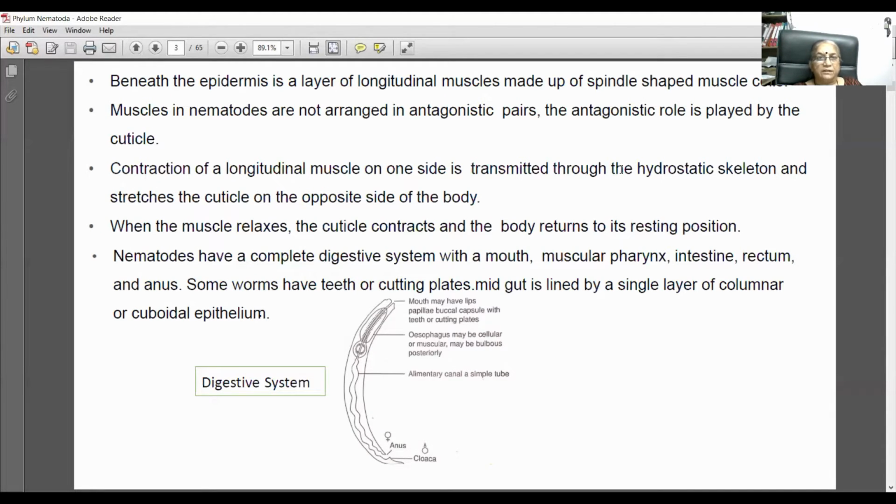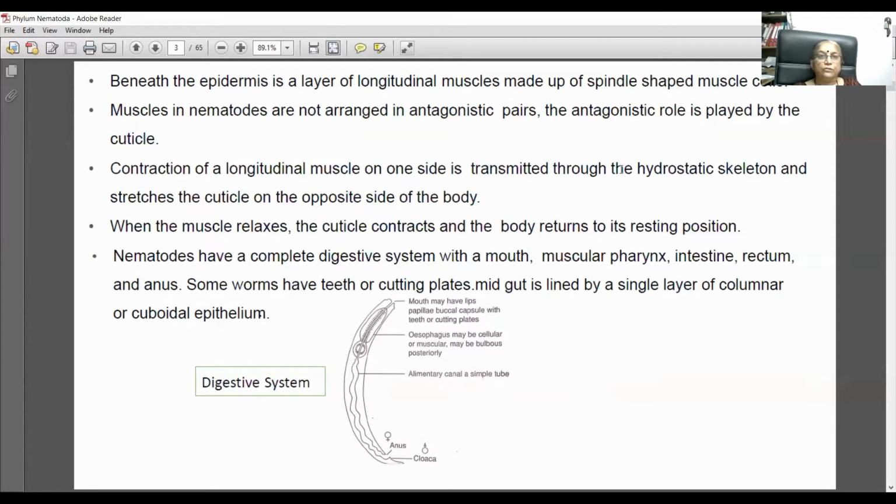Beneath the epidermis, there is a layer of longitudinal muscles, made up of spindle-shaped cells. These spindle-shaped cells unite to form the longitudinal muscles, which are present below the epidermal layer of the cuticle. The muscles in the nematodes are not arranged in antagonistic ways, and the antagonistic role is played by the cuticle.